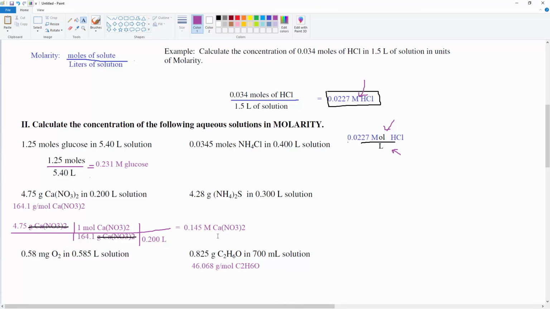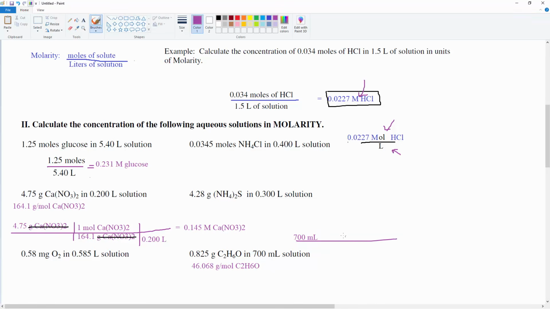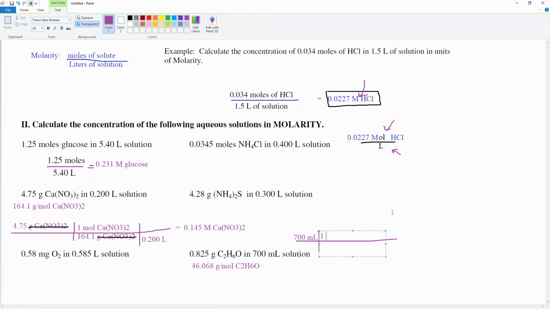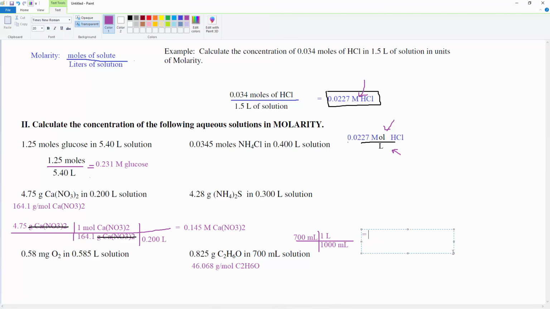We're going to need to convert milliliters to liters because, again, I need specifically moles on top and specifically liters on the bottom. So to do that, I'm going to remember 700 milliliters and I have 1 liter is 1,000 milliliters, right? So that's going to equal 0.7 liters.